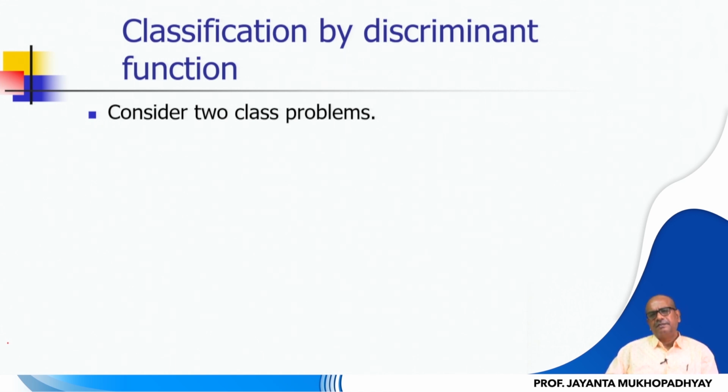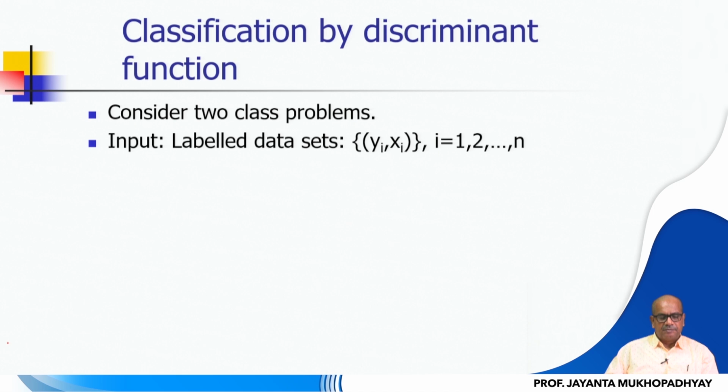So even the assignment could be numeric: you assign +1, you assign -1. Or it's symbolic, which means you are assigning to class 1 or class 2. Here also your input is labeled data sets, as we discussed for supervised classification.